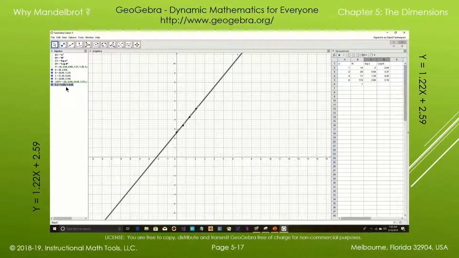And what that means is that the slope of that line is 1.22, and therefore the dimensionality of that random island is also 1.22.